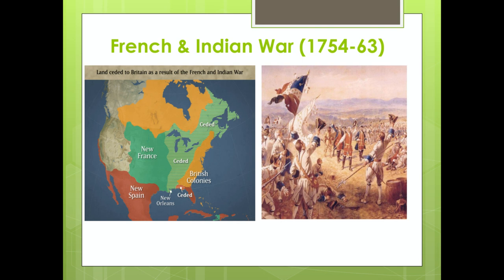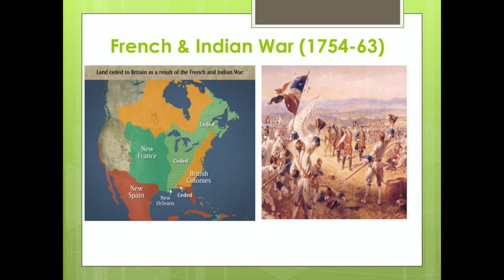Great Britain wanted a lot more control of North America, and control of a lot more land is what's going to fuel this war. England is going to win, though. They're going to defeat France, and they're going to gain most of the land up to the Mississippi River. And then they were going to draw a line called the Proclamation Line of 1763.